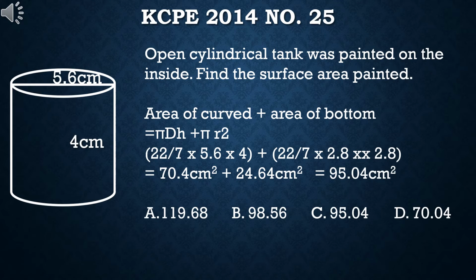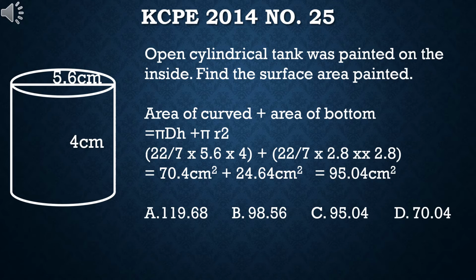For the curved part, you work out the area, which is pi dh, plus the area of the bottom, which is circular, which is pi r squared. So you multiply pi dh, which is 22 over 7 times 5.6 times 4. Remember, in pi dh you use the diameter. When you are working out the area of the circle, you use the radius. So you divide 5.6 by 2 to get the radius, which is 2.8.